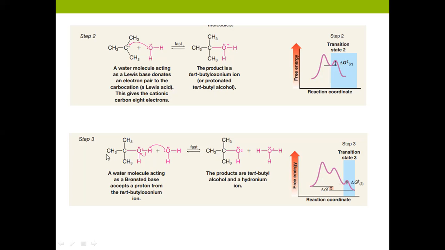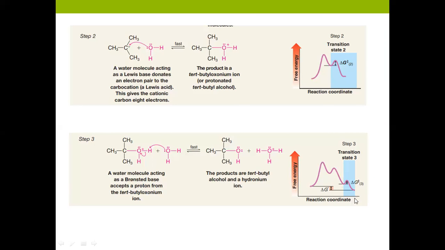Okay, and then the last step is the removal of the proton in your alcohol by the solvent itself or the nucleophile. One of the observations with the SN1 is that in the energy diagram of the reaction coordinate, there are a lot of steps.